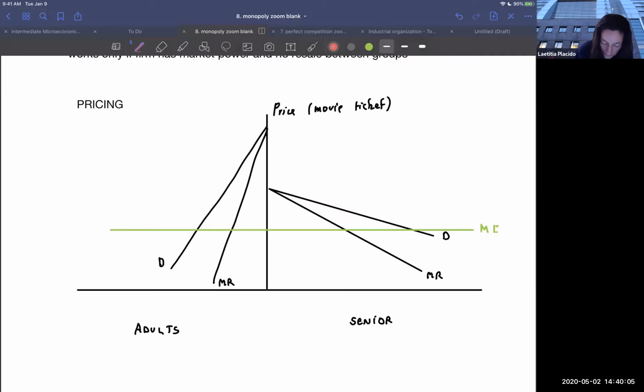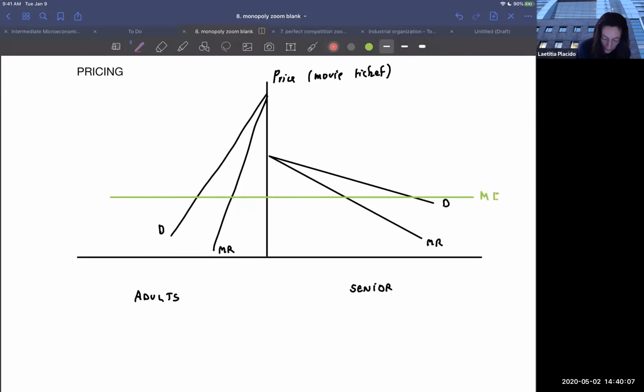Well, the rule will be that the marginal revenue in the market for adults must be equal to marginal cost, and the marginal revenue for the group of seniors is going to be equal to marginal cost.